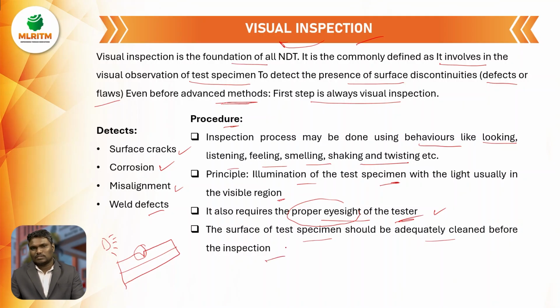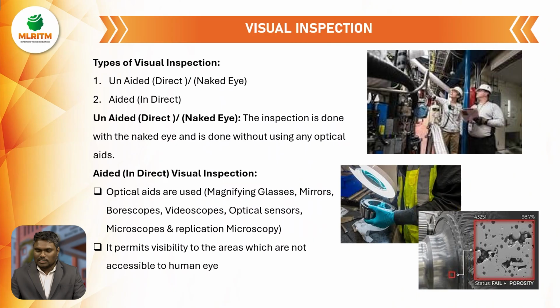Before inspection, the surface must be cleaned. This diagram shows technicians using the visual inspection method, and flaws and defects can easily be detected by visual testing, and this picture indicates that.